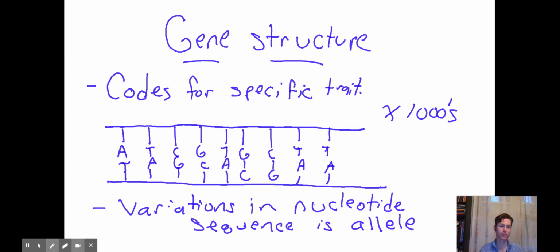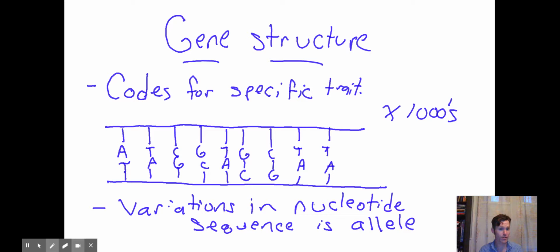Any trait that is genetic is controlled for by at least 1 gene. In reality, most traits are a combination of multiple genes, which is something we'll explore when we get to inheritance patterns. But as a general definition, this gene is a specific region on this chromosome that codes for a specific trait.